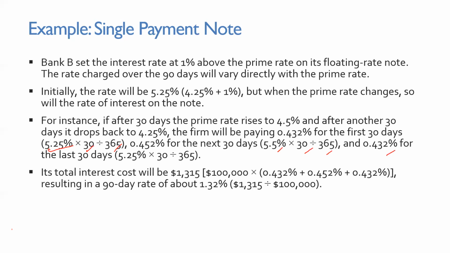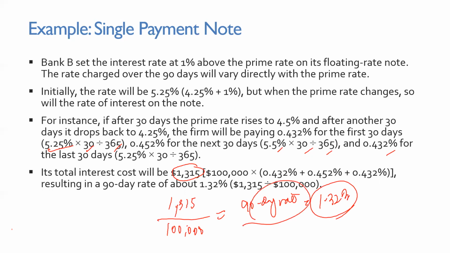If you compute that, okay, the total interest that you have to pay is 1,315. So $1,315 divided by $100,000. So therefore, your 90-day rate is 1.32%. Again, this is the 90-day rate. You can convert it to an effective annual rate, right? Now, how much is the effective annual rate?